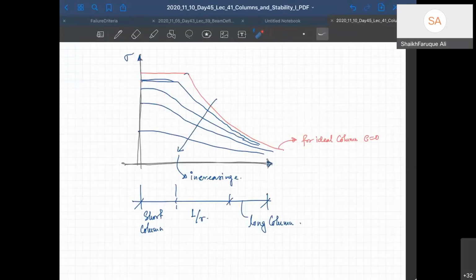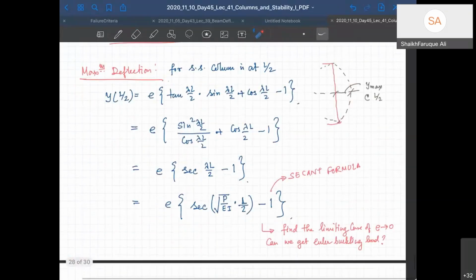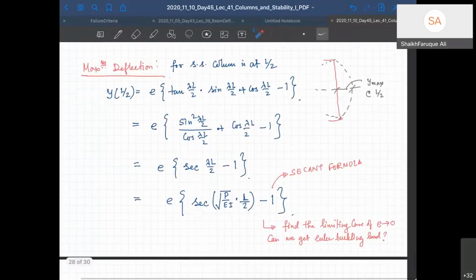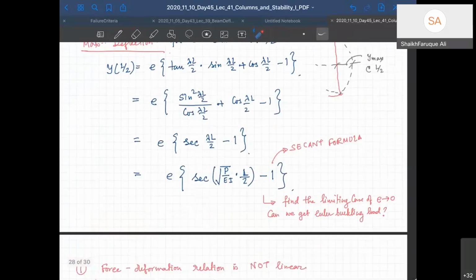Okay, so with that, I'll stop. If you have any question, I would be happy to answer. I will write a few things here that you have to do probably. One is find max M and find max sigma.